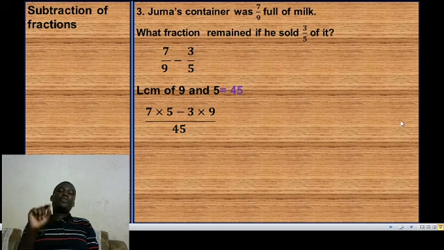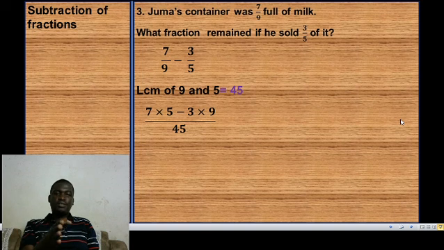So 5, when we multiply by 7, that is why we have 7 times 5. Then the same 45 divided by 5 gives 9, then we say 3 times 9.